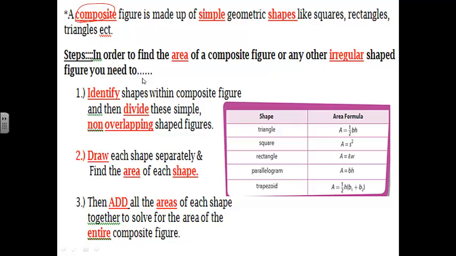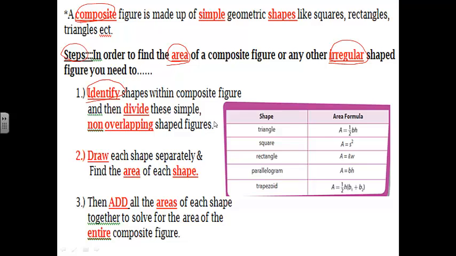a composite figure. Okay, so our steps, in order to find the area of a composite figure or any other irregular shaped figure: the first step is to identify shapes within the composite figure. So we might have, like I just said, a shape with, let's say, half a circle and a triangle.